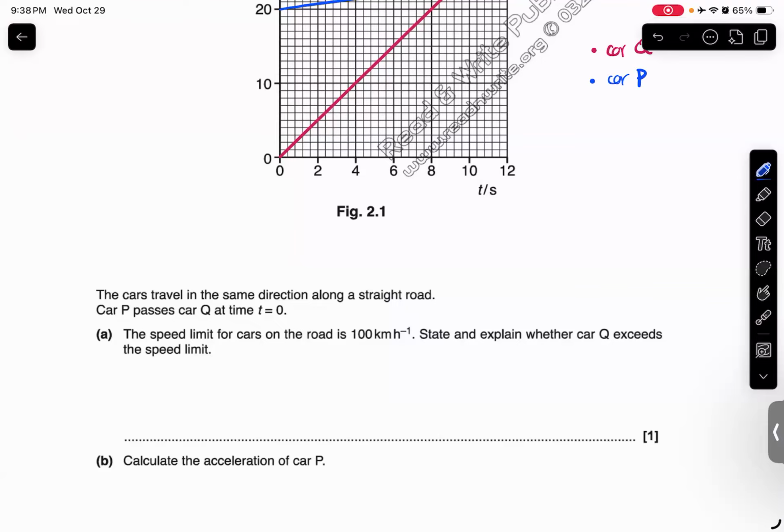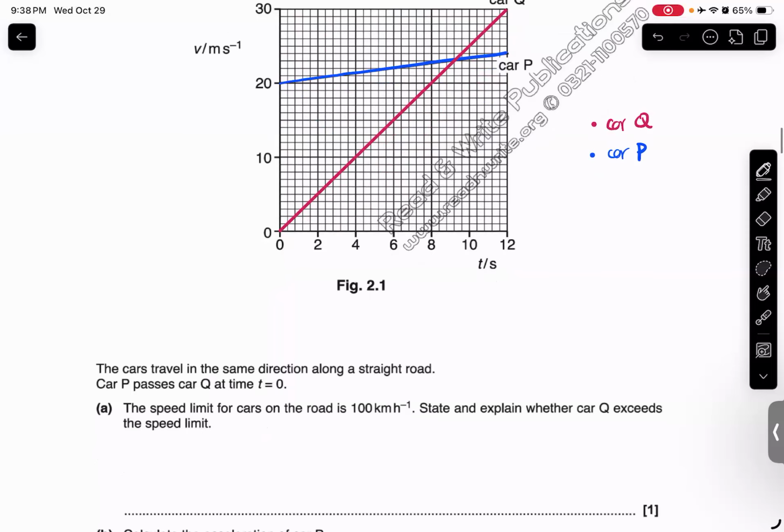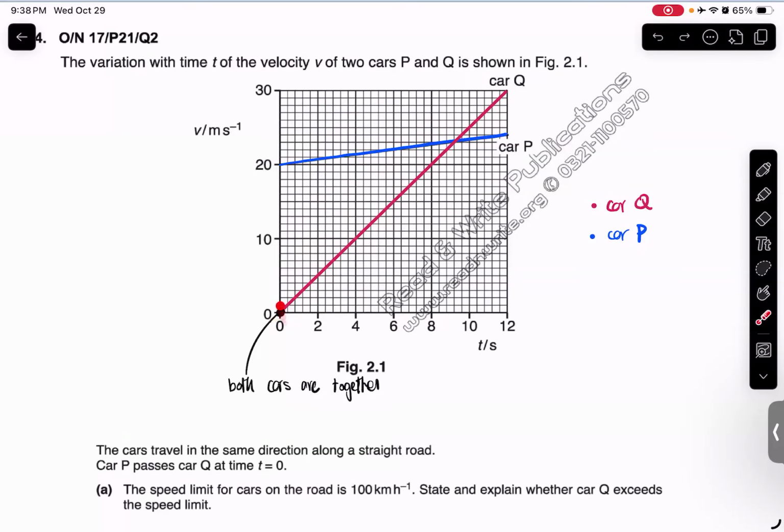The cars travel in a straight line along a straight road. Car Q passes car P at time t. So that means at this point, both cars are together. But do you see that at the starting point, car Q is starting from rest.